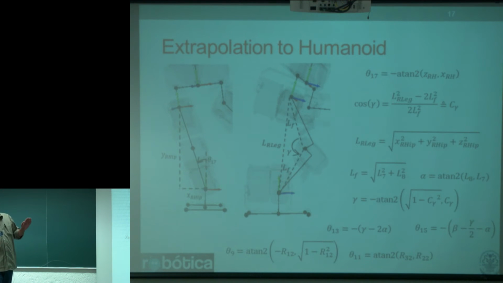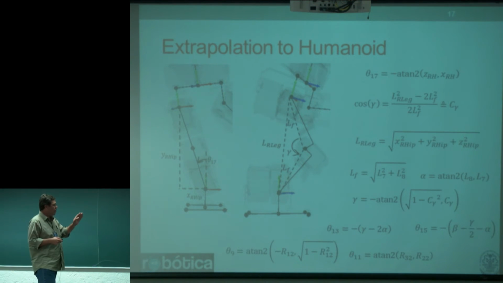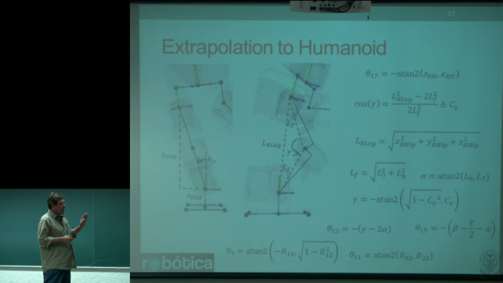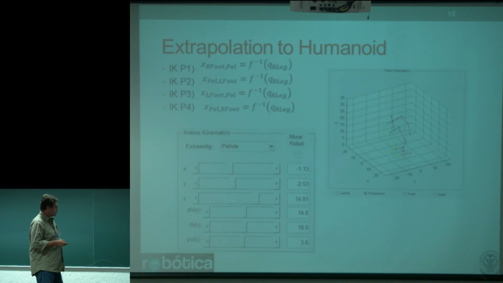Then we make the same kind of calculation for humanoid, for biological humanoid. It's the same type of ideas of kinematic decoupling. And we already presented the interface.